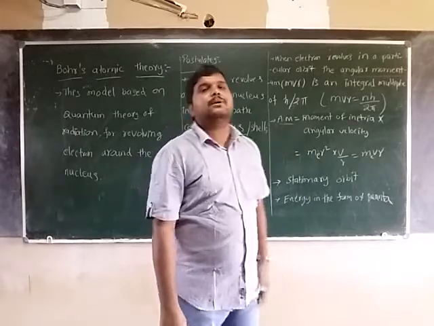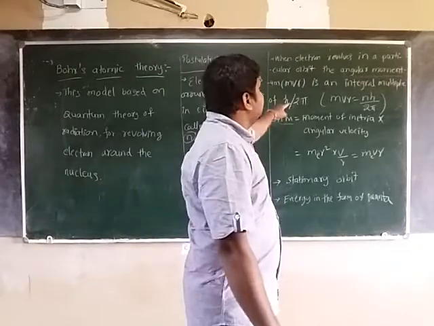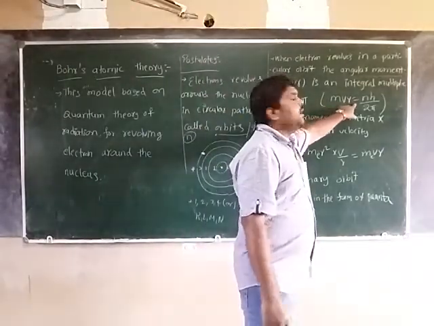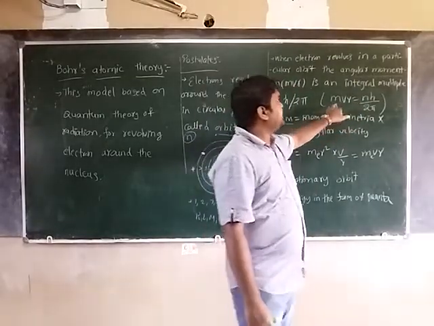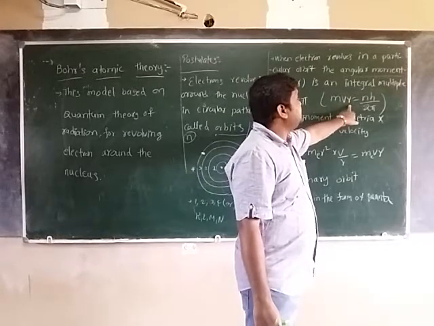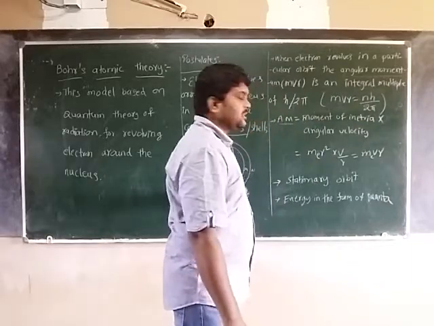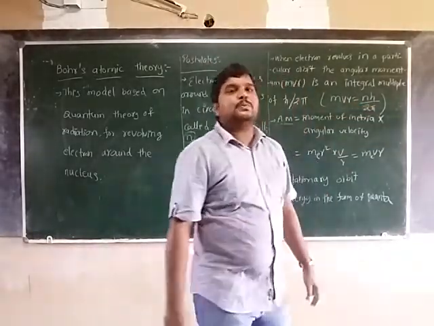So the angular momentum of an electron when it revolves in a particular orbit is an integral multiple of h by 2 pi. That is mvr is equal to nh by 2 pi. Here m is the mass of the electron, v is the velocity of the electron, r is the radius of the orbit, n is the shell, first shell or second shell or third shell, and h is the Planck's constant, divided by 2 pi.